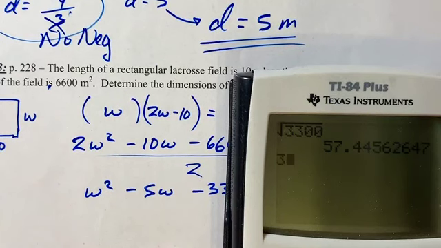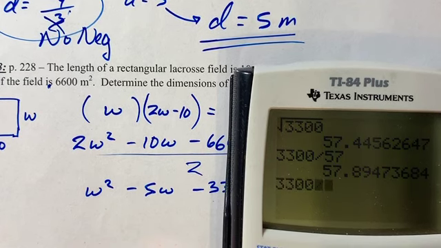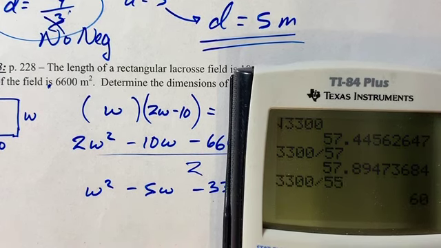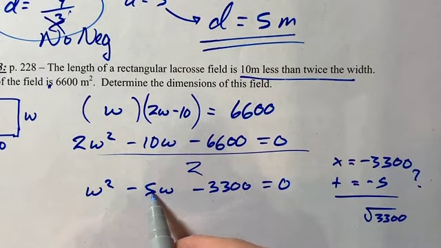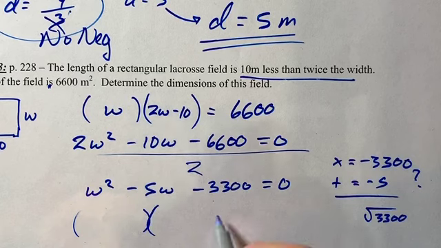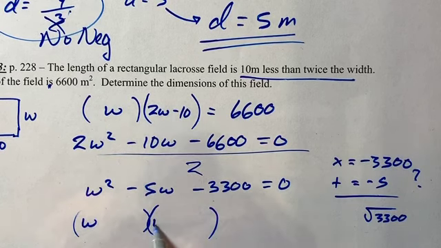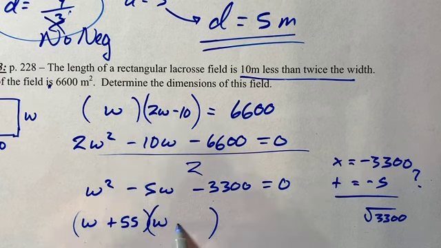Hang on, does 3,300 divide by 57? No, not exactly. 3,300, does it divide by 55? 55 times 60, there we go. That's what I want. Two numbers that multiply to 3,300 and differ by 5. So it's got to be W squared. I know it's W and W. So it's going to be plus 55 and minus 60.